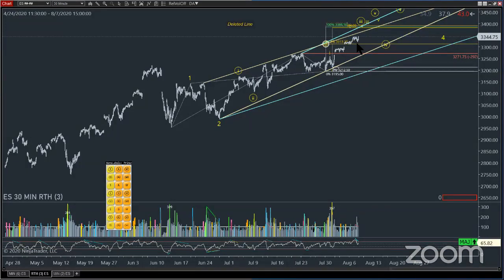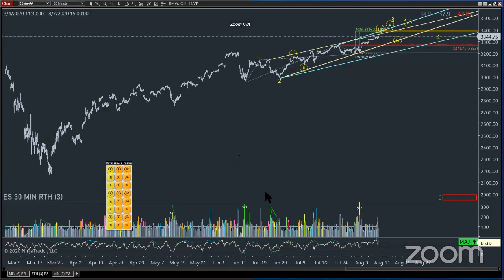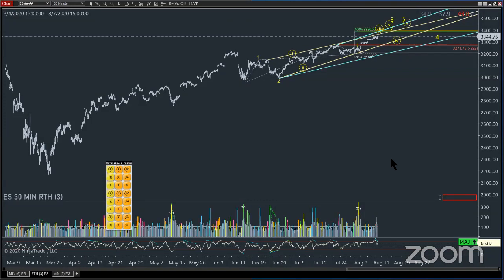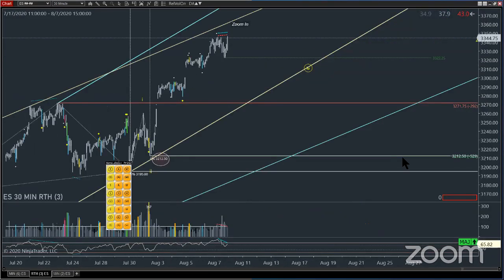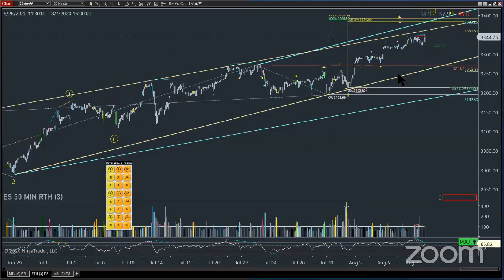I don't see any other option. I mean, unless you're really convinced that this thing is making a lower high, which I think is a foolish trade, no doubt, but it's really no sense in trying to pick a top unless it's really, really obvious. And this is not really, really obvious.